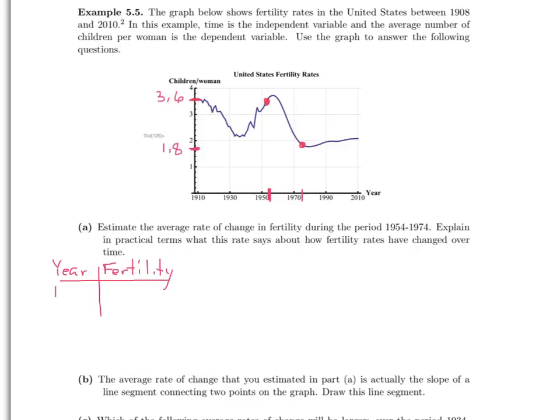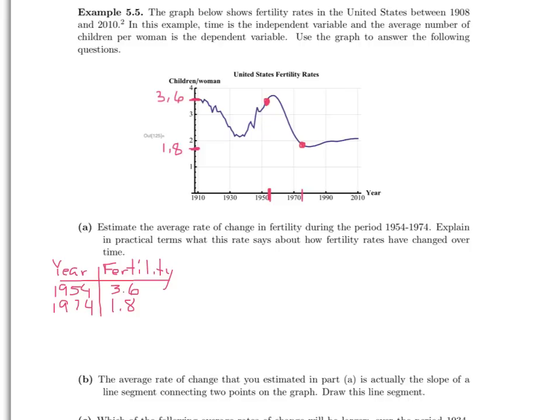So in the year 1954, the estimated fertility was about 3.6 children per woman, and in the year 1974, the estimated fertility was about 1.8 children per woman.